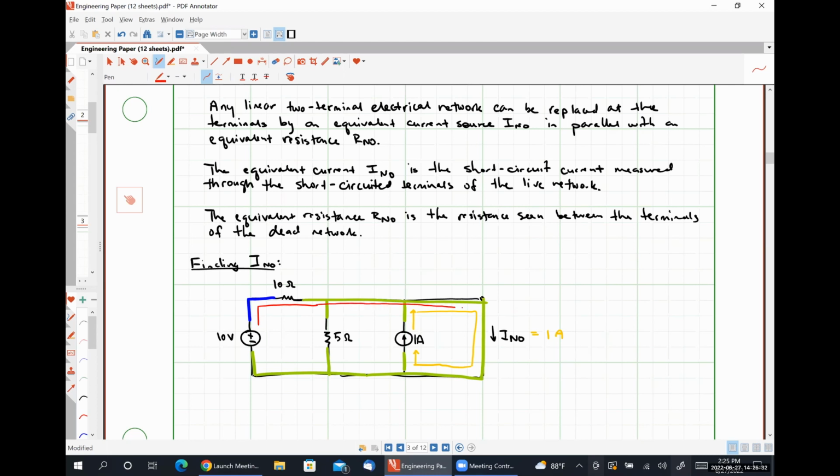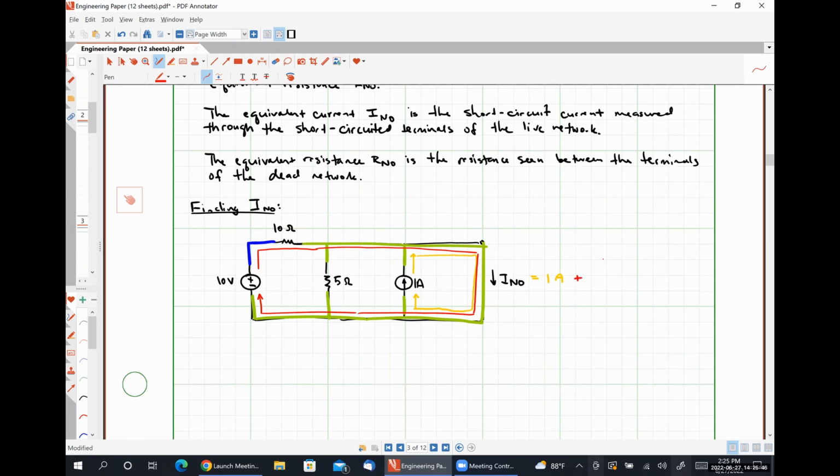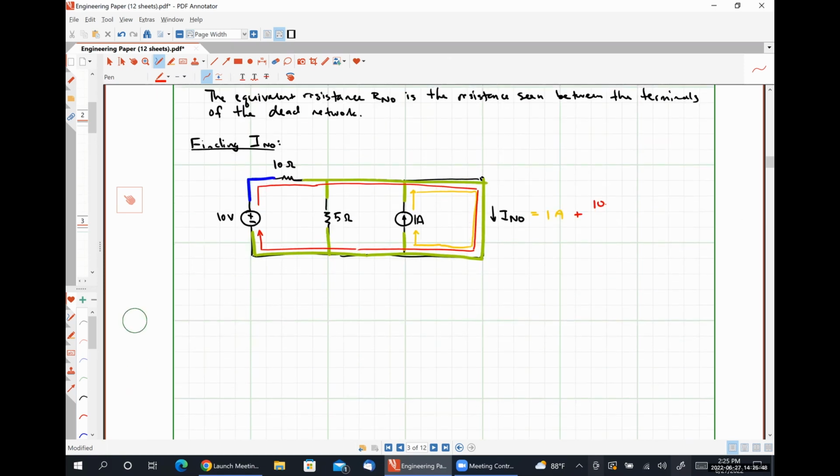All of this current will also choose the short circuit path, where this current is given by, sorry, my screen is scrolling more than I want it to, 10 volts divided by 10 ohms. And so from this, I Norton is equal to 2 amps. Effectively, we just did superposition without doing all of the extra work of actually turning things off and on, okay?